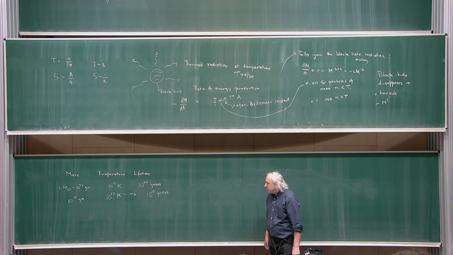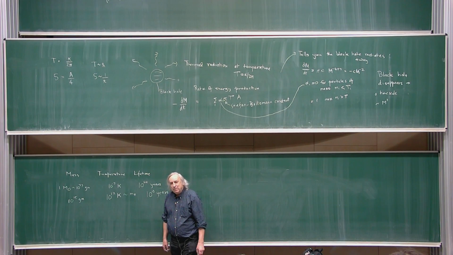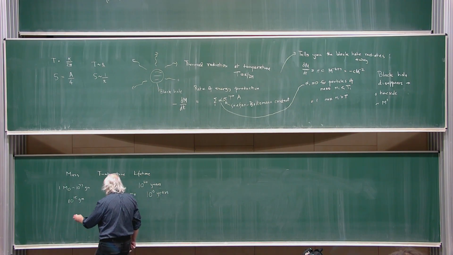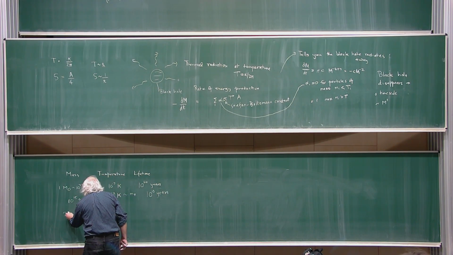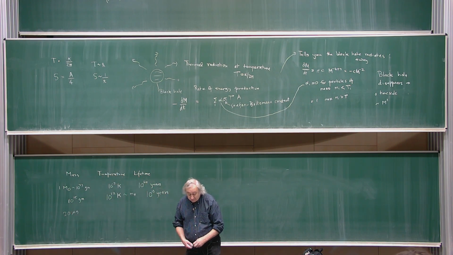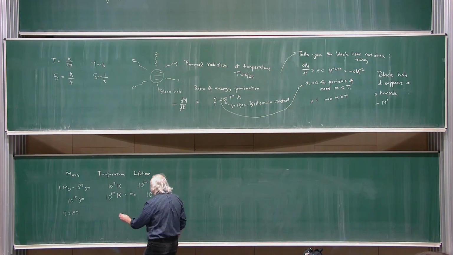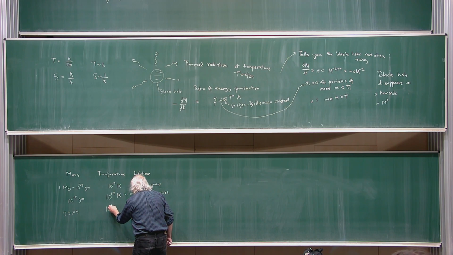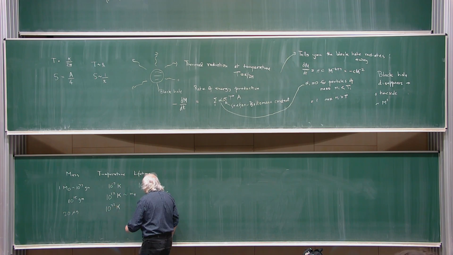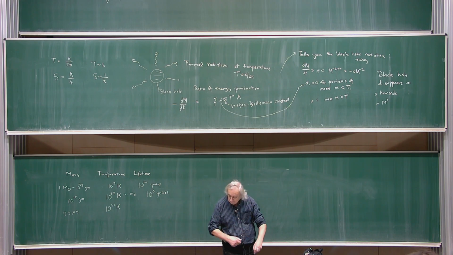In terms of elementary particles, you might say, well, what about the Planck mass? The Planck mass is about 20 micrograms. The temperature scales like 1 over m, and this turns out to be 10 to the 32 degrees. A temperature presumed to have been attained in the early universe, but who really knows?